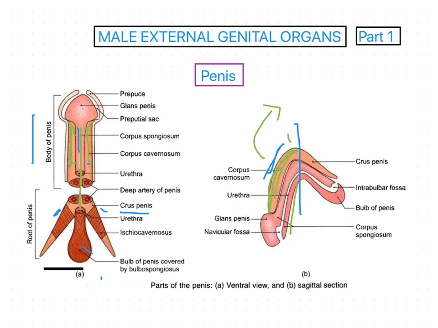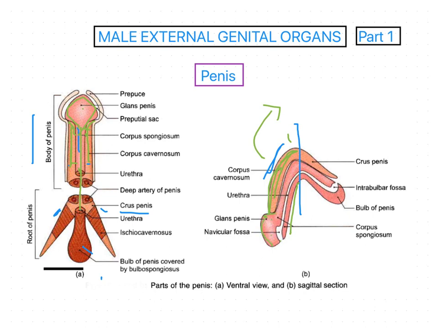Anteriorly, it enlarges into a conical cap, which is directed backwards and called the glans penis.